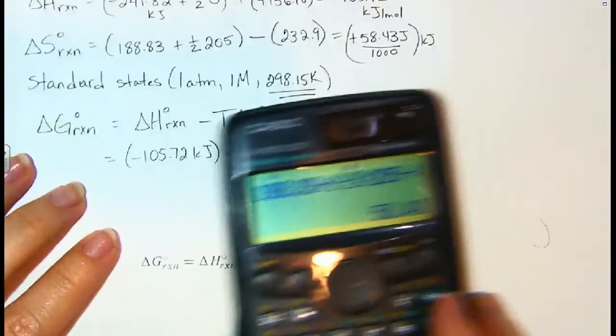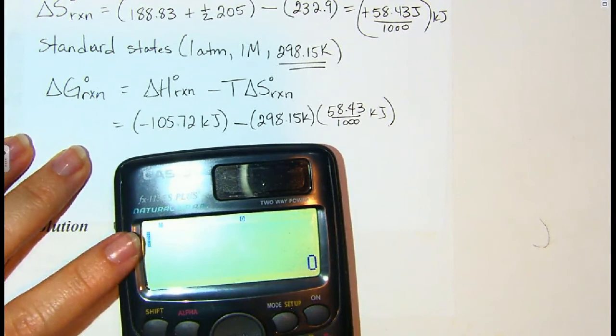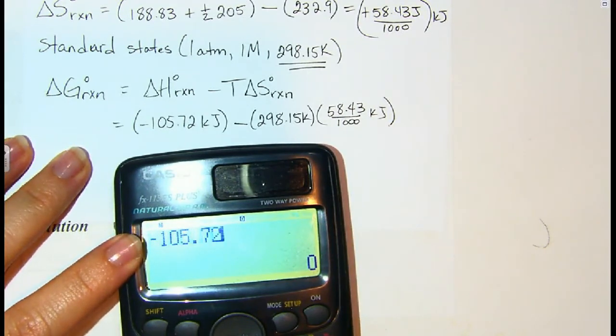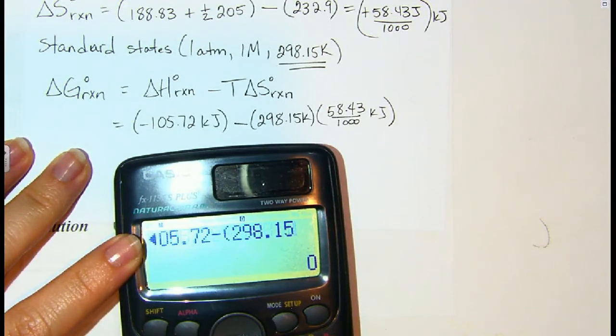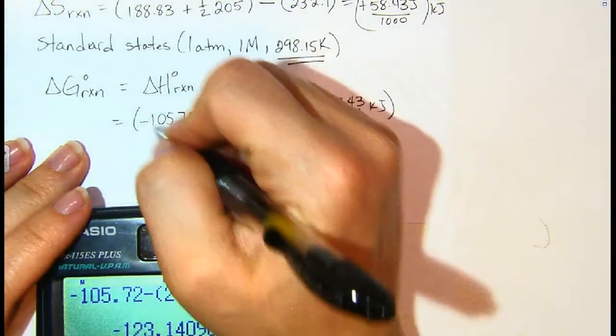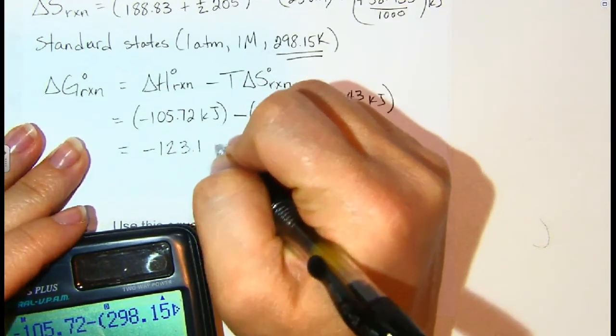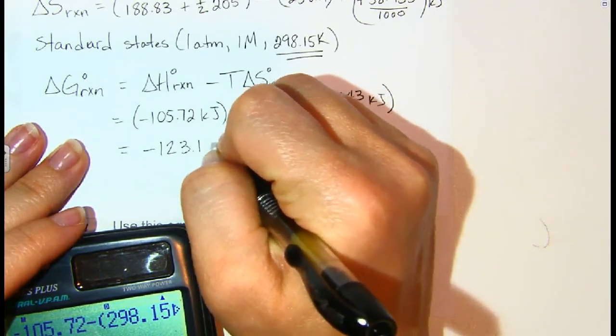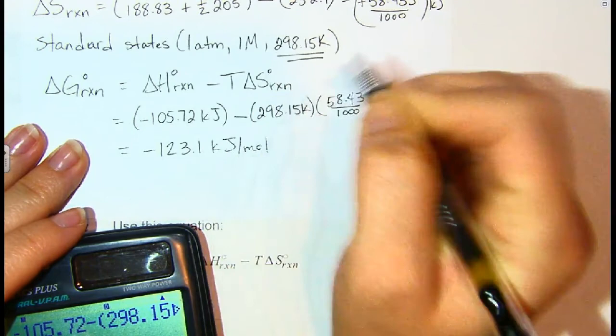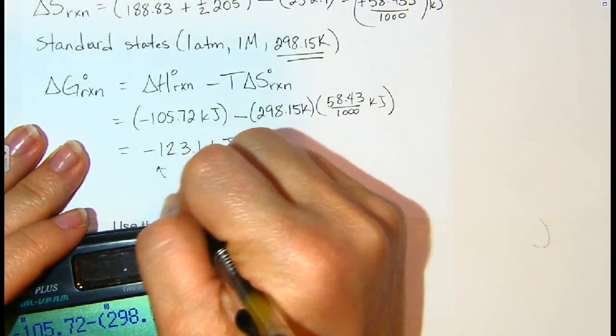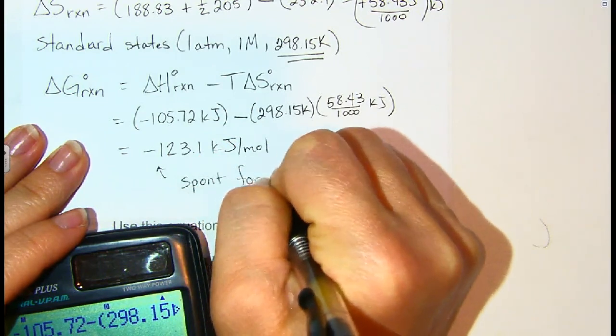When we enter this into our calculator, we'll get negative 105.72 minus 298.15 times 58.43 divided by 1,000. And we're going to get the same value as before because we're using a different way to calculate the same problem. And so you get negative 123, this is kilojoules per mole. And again, because that's a negative value, it means that we are spontaneous in the forward direction for this reaction.